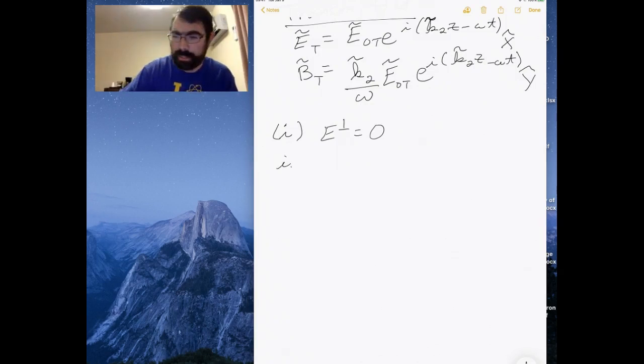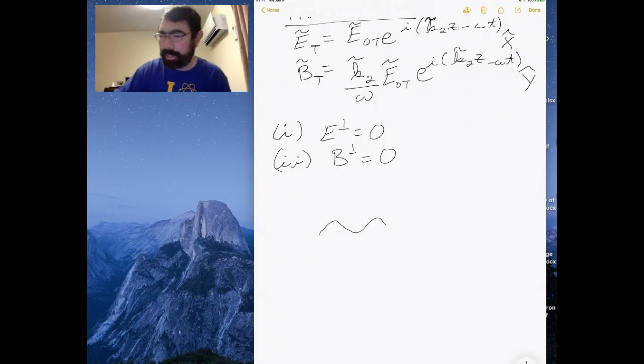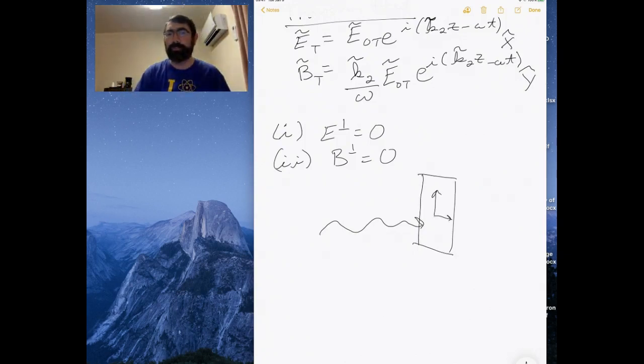And the same thing is true for the magnetic field. So essentially what we have is the wave coming in, and we now have this interface where we have the electric and magnetic fields basically in the plane of the interface.